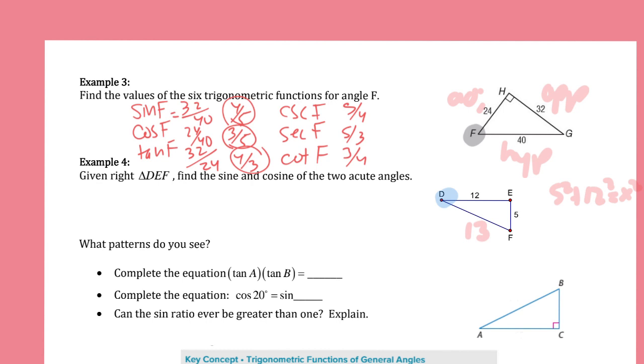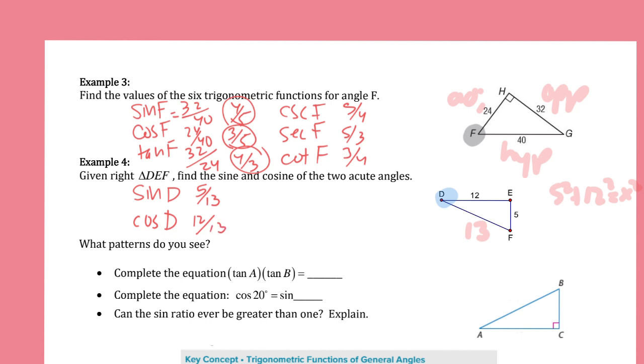But if you go to find sine from D's perspective and cosine from D's perspective, because sine is the opposite leg over the hypotenuse, and cosine would be the adjacent leg over the hypotenuse.